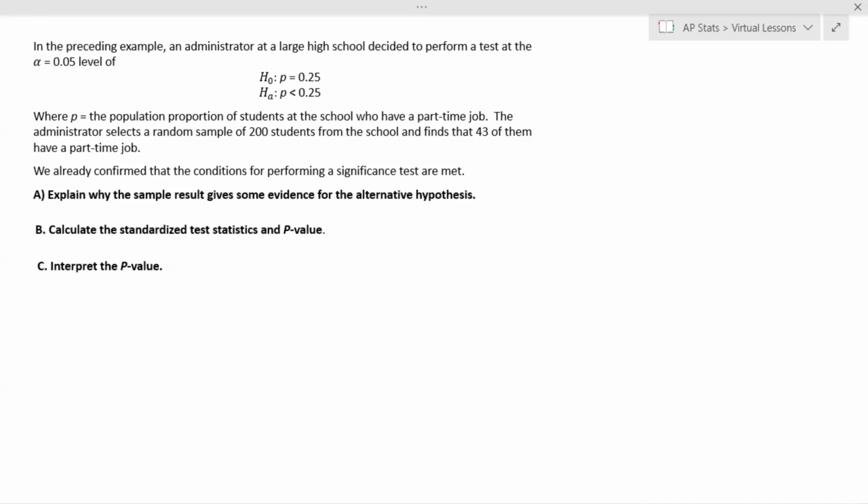So we want to explain why the sample result gives some evidence for the alternative hypothesis. And here is where you're going to want to write basically a sentence or two.